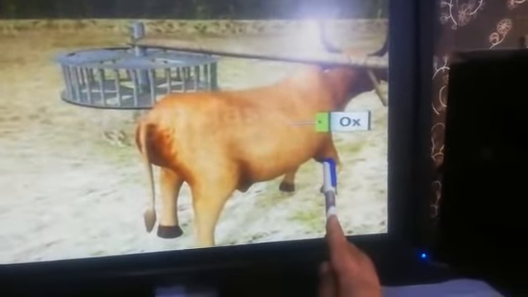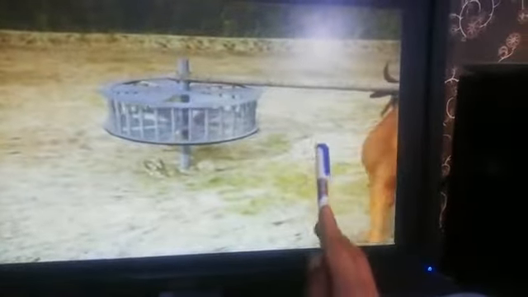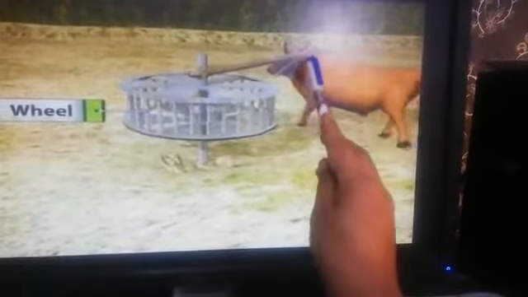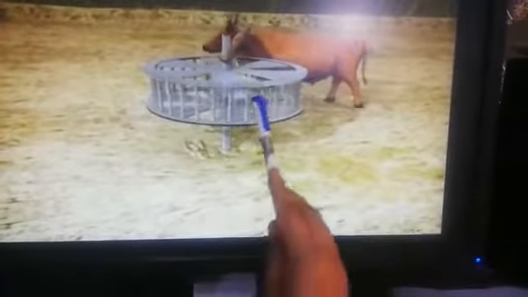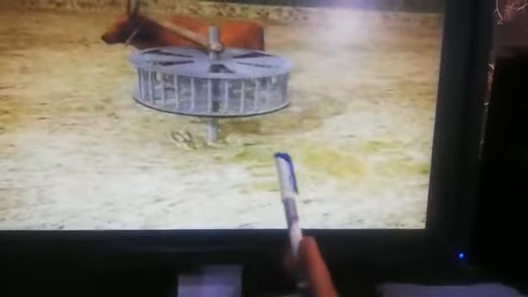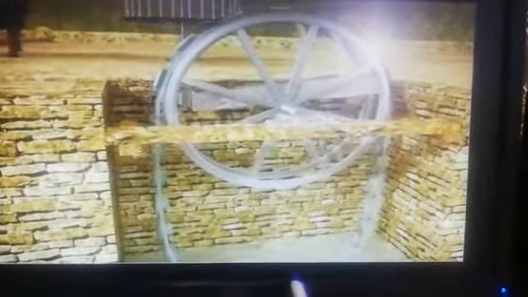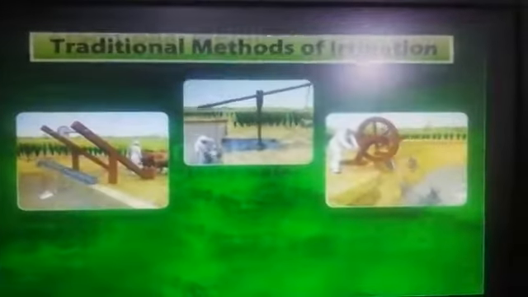With the movement of the oxen, you can see a log is tied beside its neck, and the wheel is moving continuously. With the continuous moving of the wheel and oxen, the buckets are filled with water. You can see all the buckets filled with water. This system is also not very useful for irrigation.